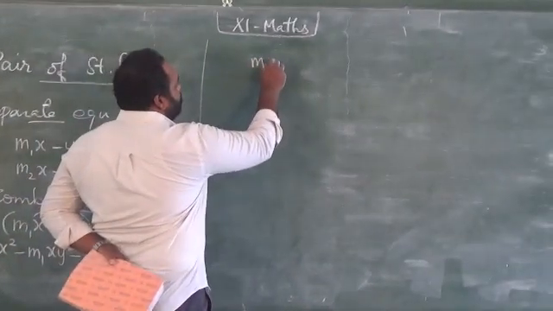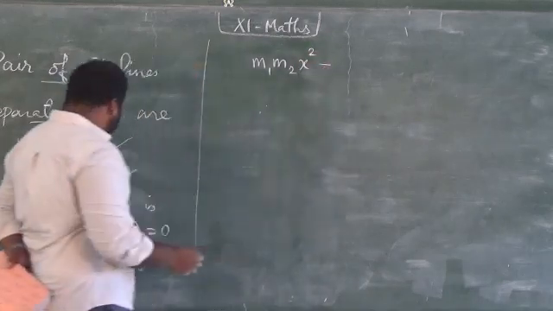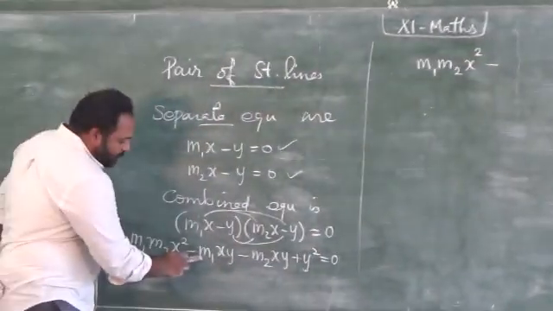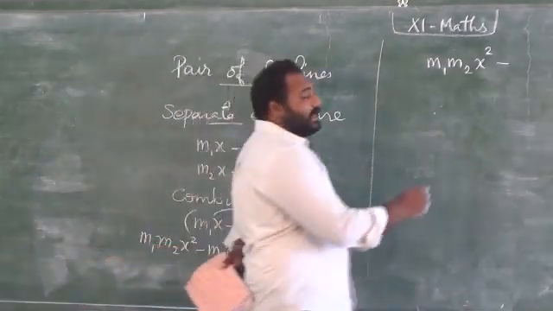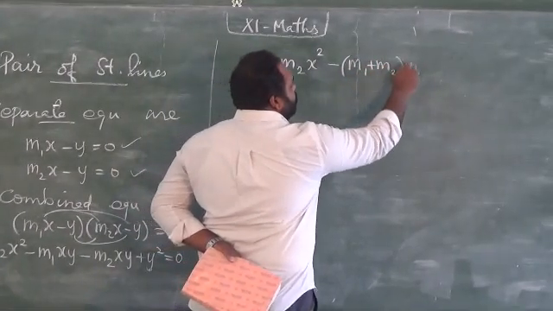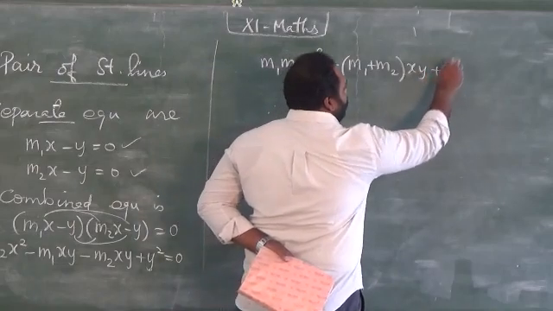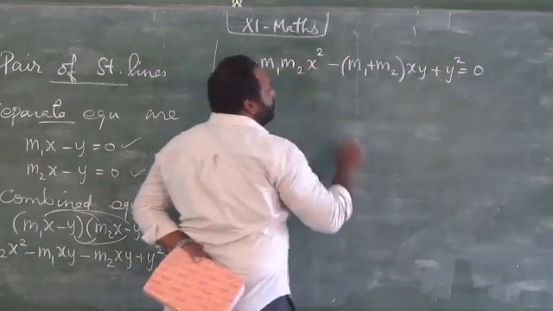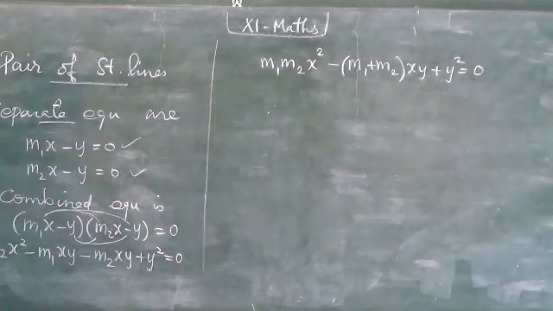So m1 m2 x square, then minus m1 xy minus m2 xy. Taking minus common, minus (m1 plus m2) xy, then plus y square term. So this is the general equation of pair of straight lines, I mean the combined equation.